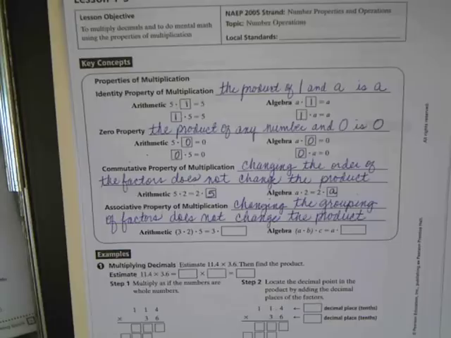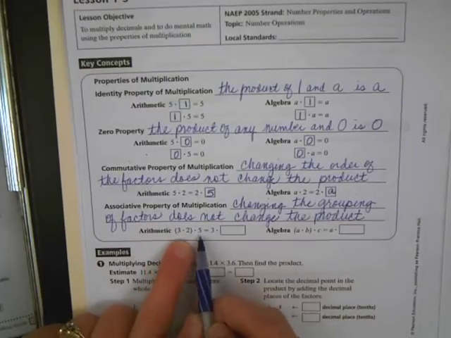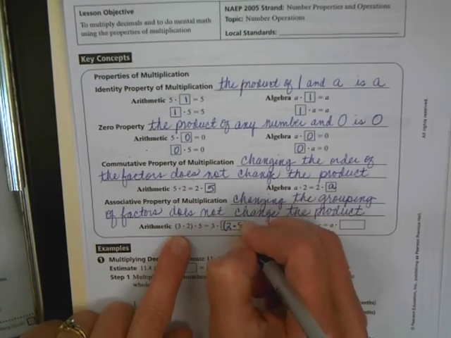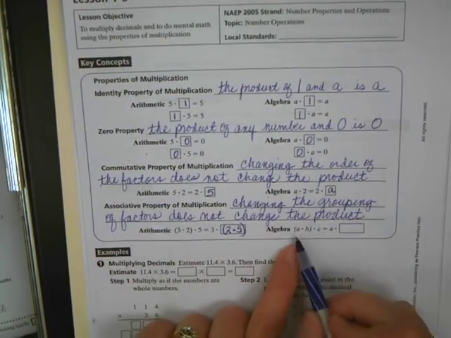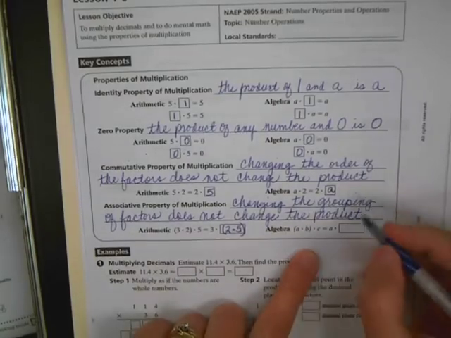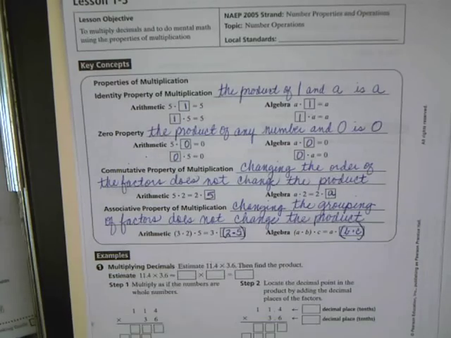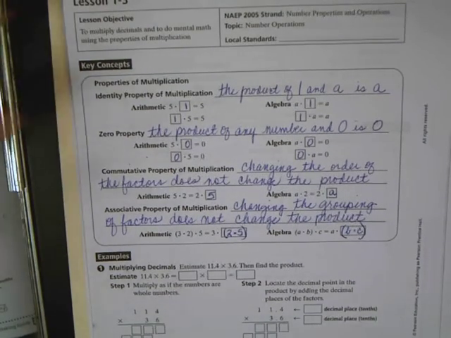Again, I can regroup if I have just multiplication in a problem, and I will still end up with the same product or final answer. So here I have the quantity 3 times 2 times 5. I can rewrite that as 3 times the quantity 2 times 5. Remember, we say the quantity when we're including something in parentheses. Algebraically, the quantity A times B times C is equal to A times the quantity B times C.